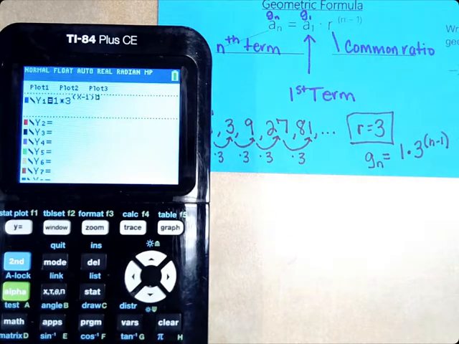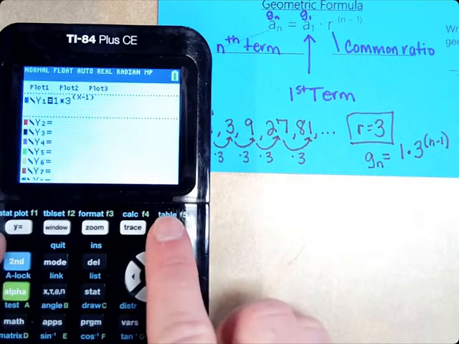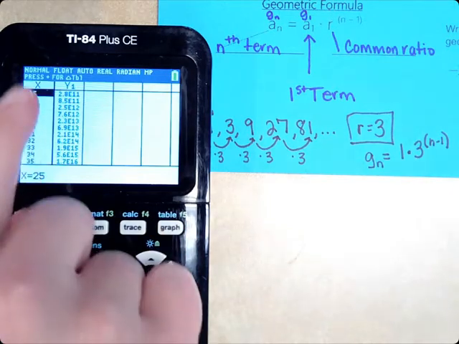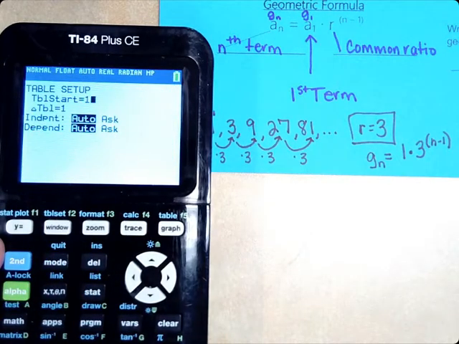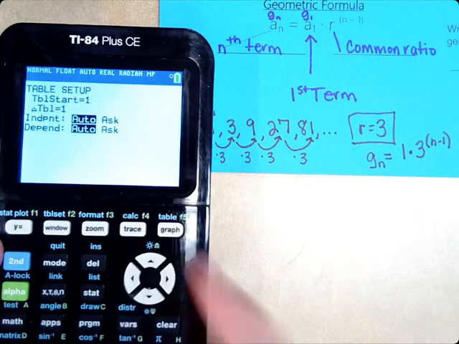So put that into y equals in your calculator. When we look at our table, remember if this is wrong, you can hit second window and ask it to start on 1. So that was second window and put the table start at 1. Now go back to the table.